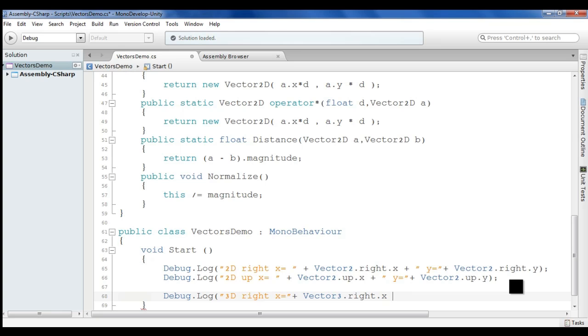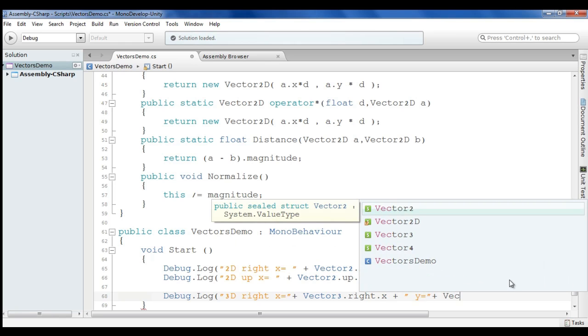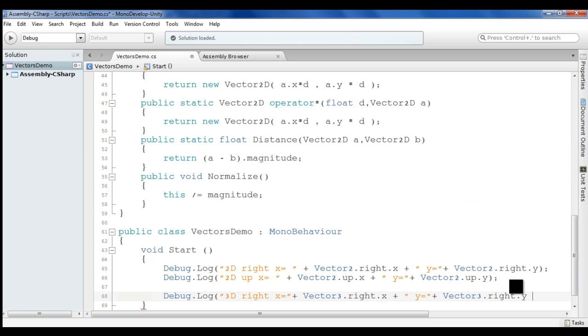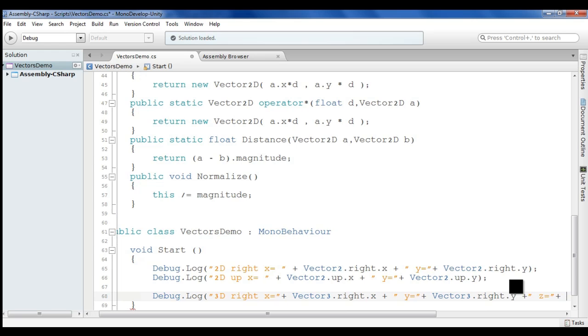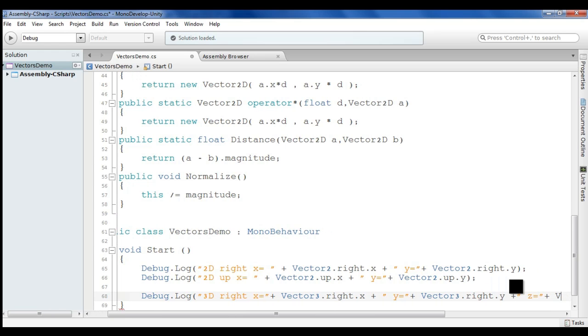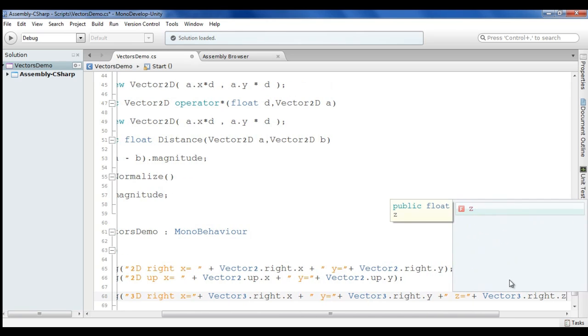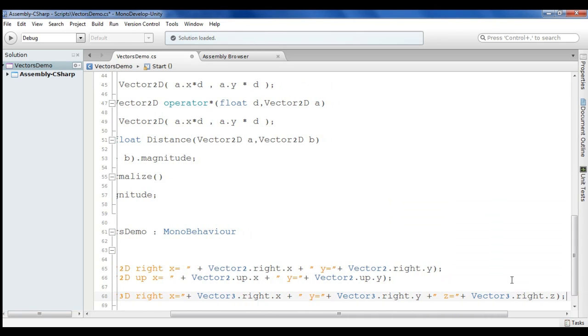That will give me the x component, plus " y = " plus Vector3.right.y. Similarly, you have plus " z = " plus Vector3.right.z. So this gives you the z value.